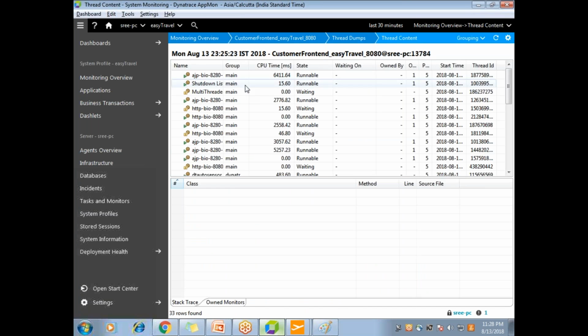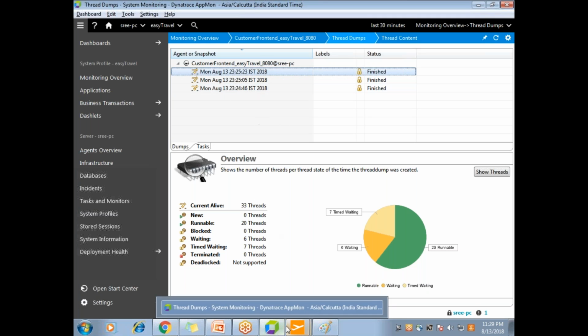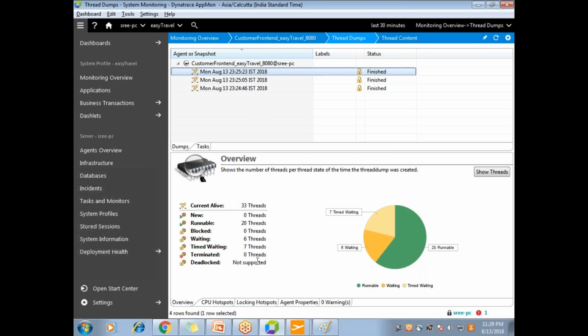And if a particular thread is deadlocked, you need not look into the other thread dumps. If it is deadlocked, it will stay deadlocked for the whole period of time, and that needs immediate attention, because deadlocks might eventually lead to memory leaks as well.